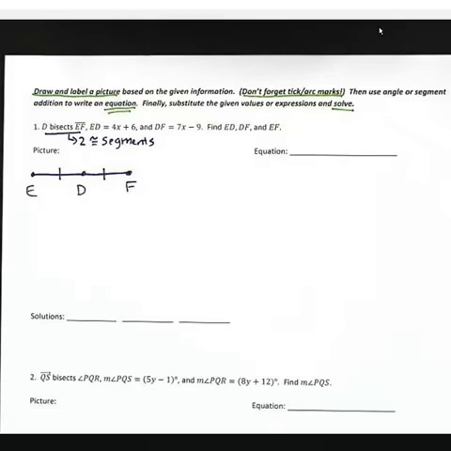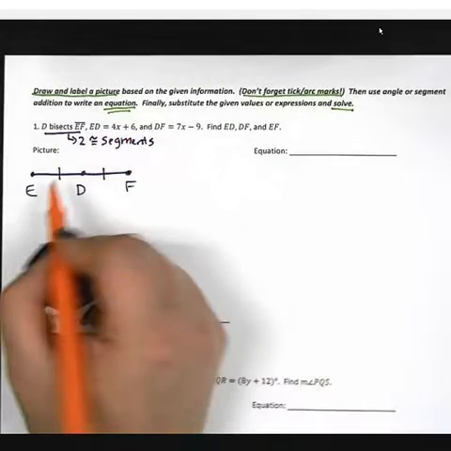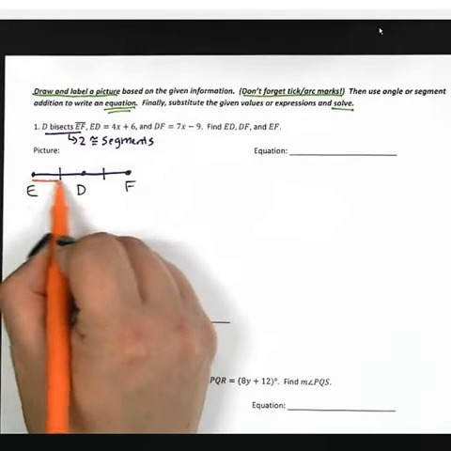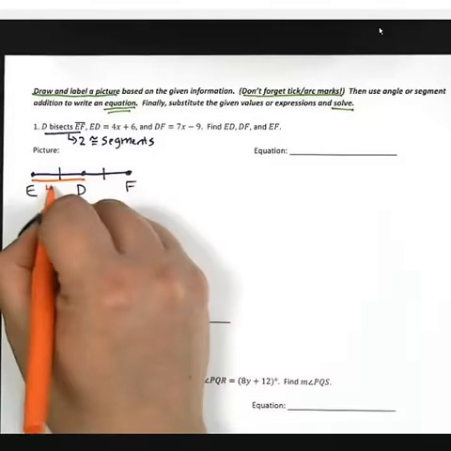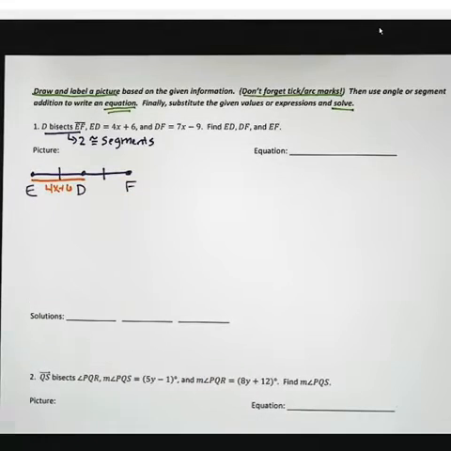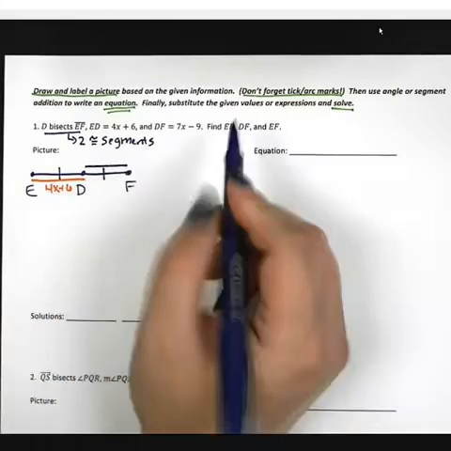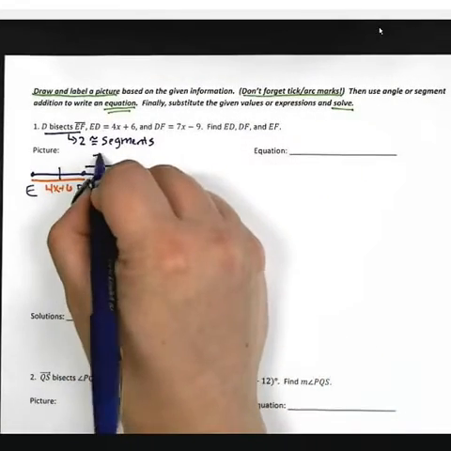All right, then let's label what else we know before we write our equation. We know that ED is 4x plus 6. So that's this portion right here is 4x plus 6. And then we also know that DF, so that's this portion, is 7x minus 9.